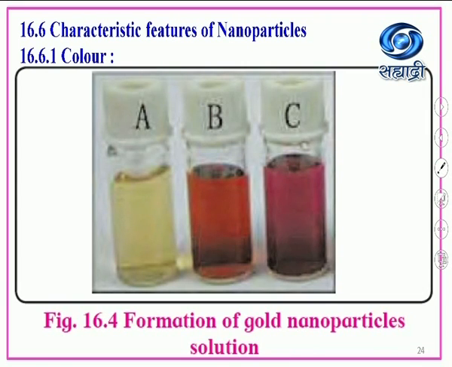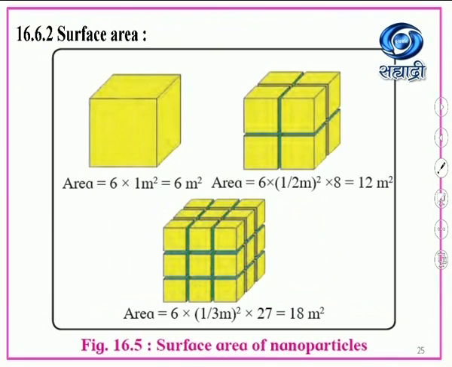After that, in container B, you will observe a different color, slightly reddish. And for figure C, you will observe a slightly pinkish color. So this is the variation of gold nanoparticle solution color.